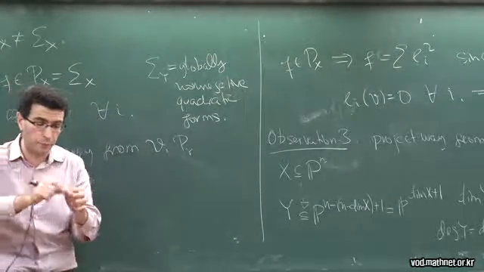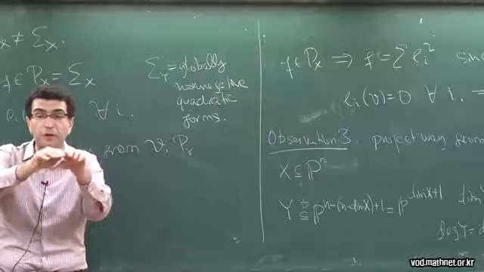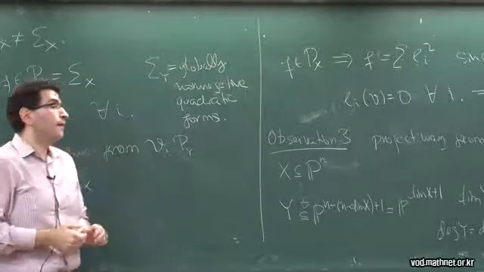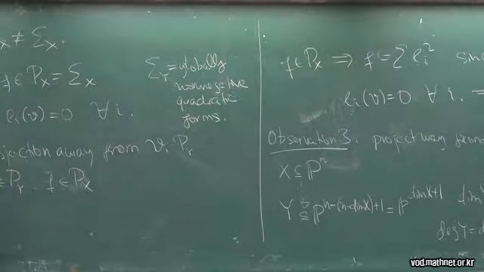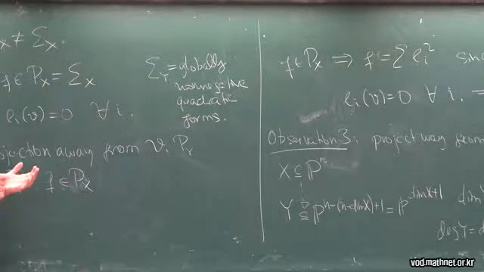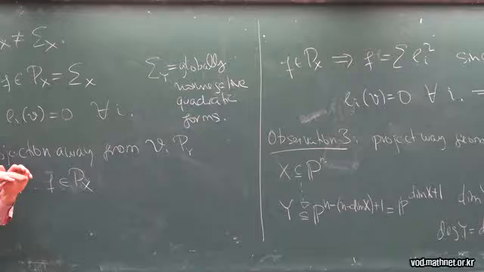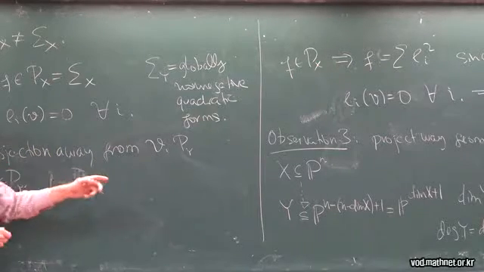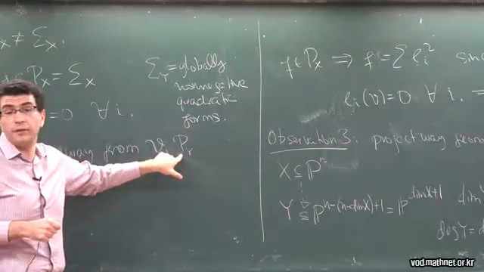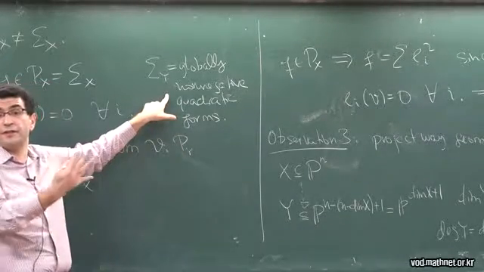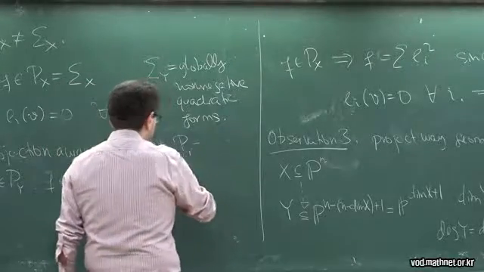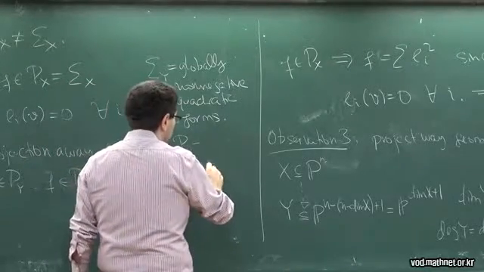Just think of taking a point and building a tiny ball around it, that's the affine picture. Building a quadratic form like this, it's going to be negative at this point, and negative inside this ball, but then positive everywhere else. That's something that's going to be in p sub y, but it's not going to be in sigma y because there is nothing in the ideal. P sub y, these are quadratic forms non-negative on y.